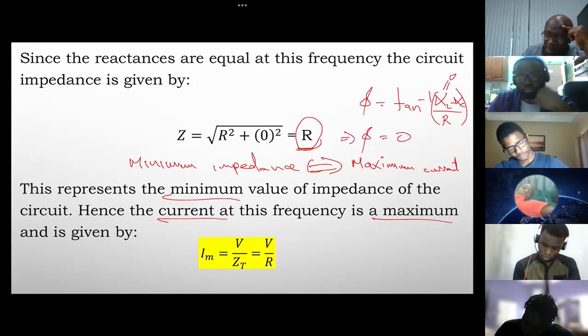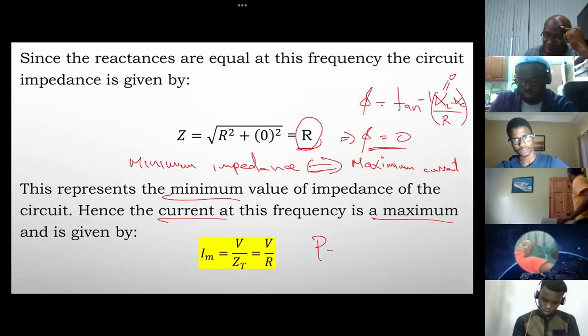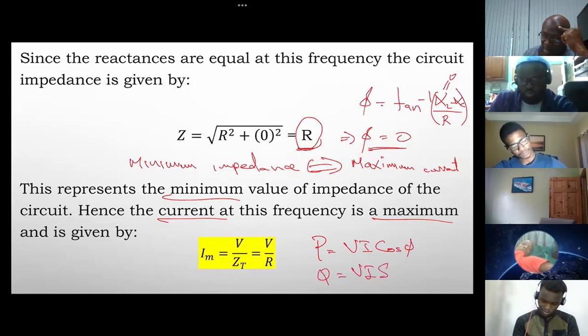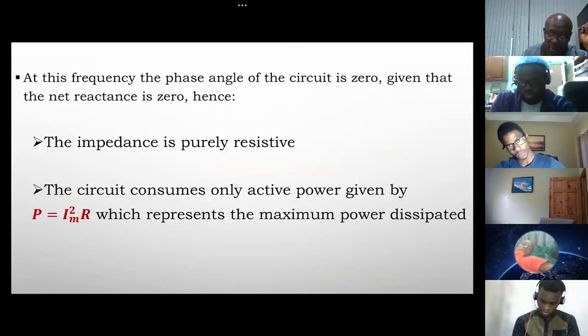So if phi is equal to 0, it means that at resonance, P is equal to VI cos phi, and Q is equal to VI sin phi. Yes? This implies that at resonance, the phase angle of the circuit is 0.